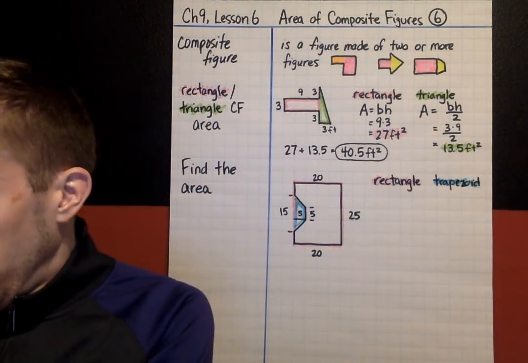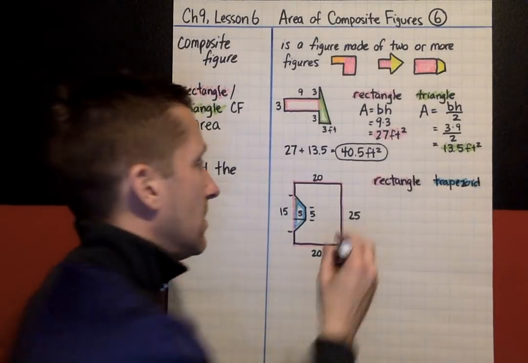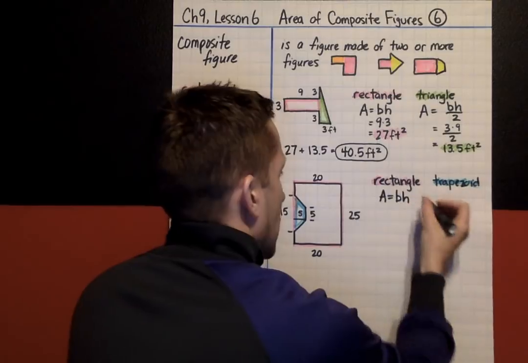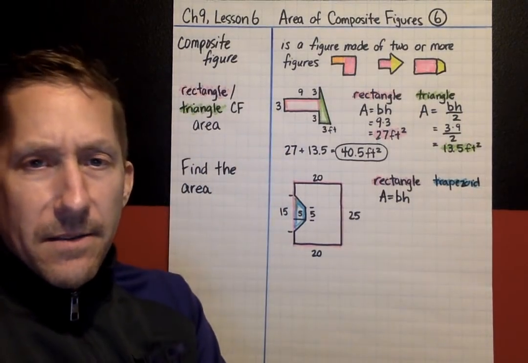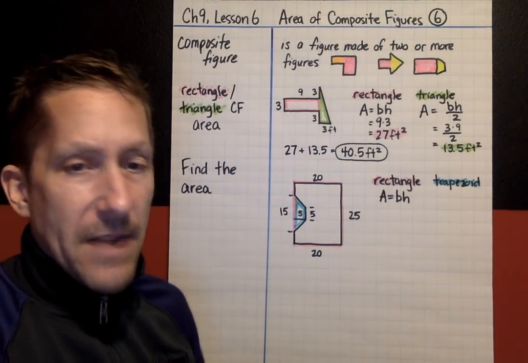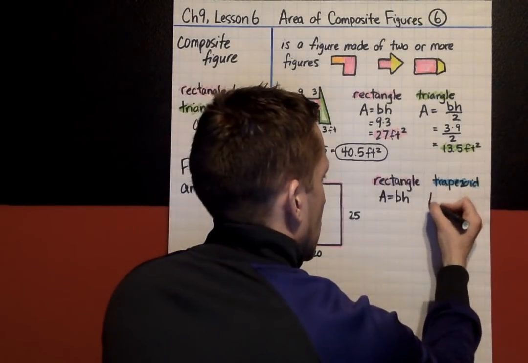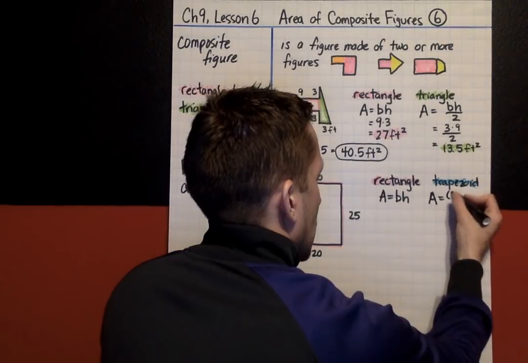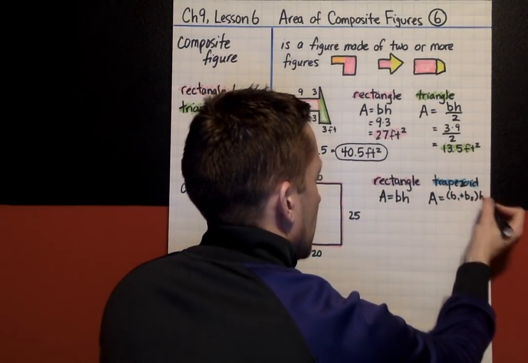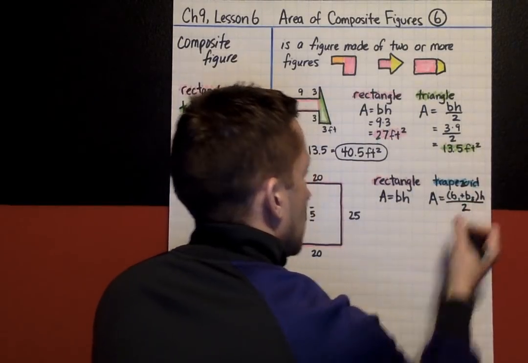Area of a rectangle, base times height. Area of a trapezoid is, look back through your notes, it's base 1 plus base 2 times height divided by 2.